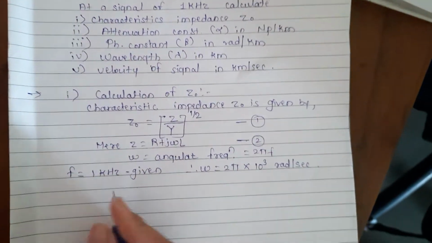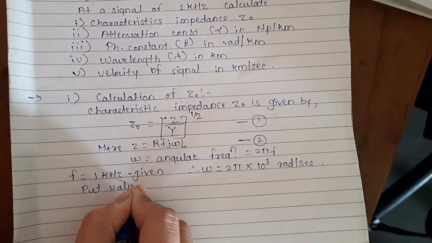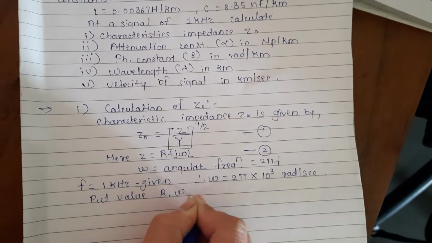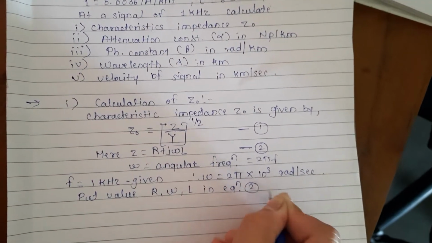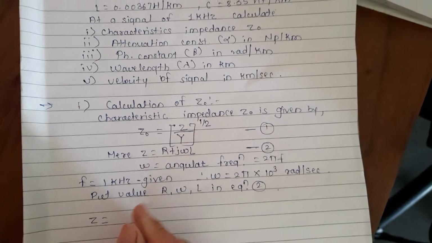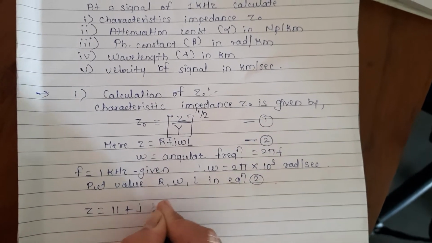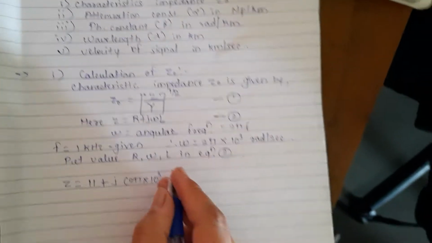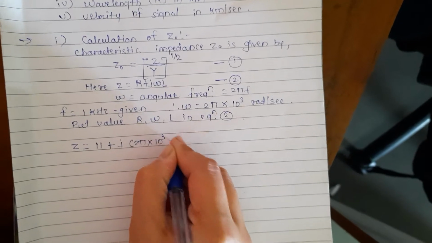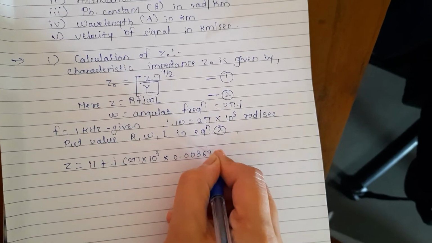Next, put value of R, omega and L in equation 2. Therefore equation 2 is R is given 11 plus j, omega is 2 pi into 10 raised to 3 into L is 0.00367.